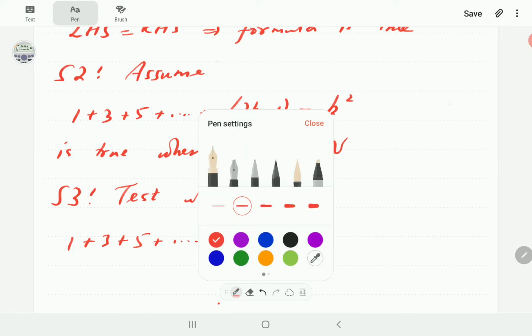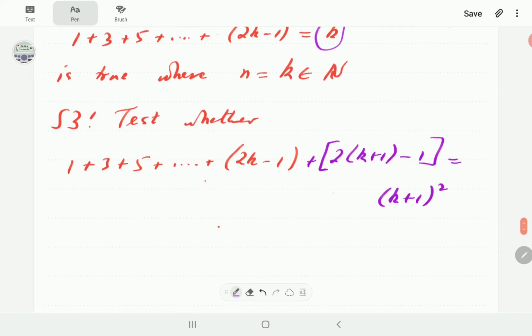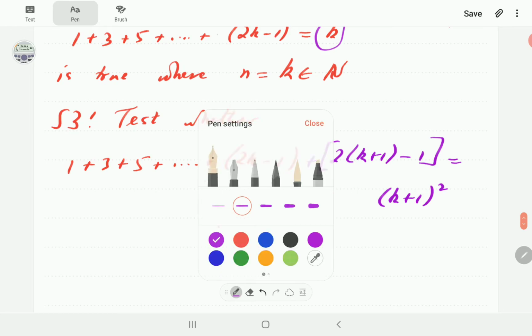So to get the next term, we take this term here and plug in k plus 1 where there is k. So we're going to have 2 into k plus 1 minus 1. Same thing on the right hand side, where there was k, we plug in k plus 1. Okay, let's simplify this.